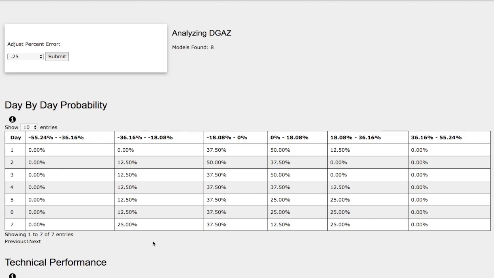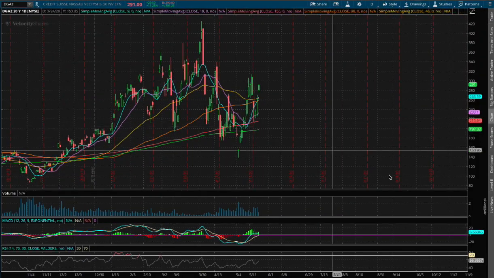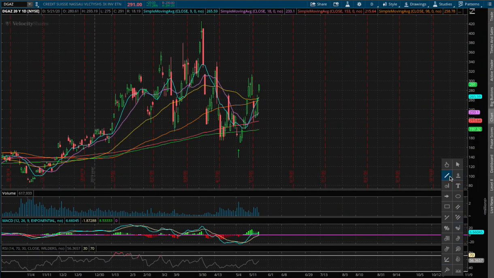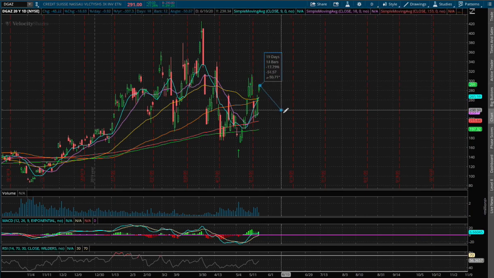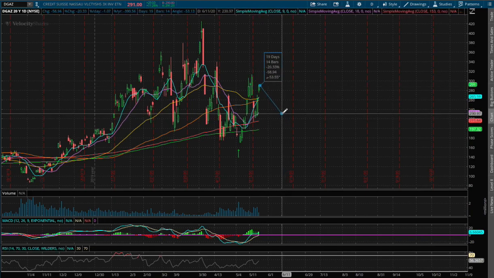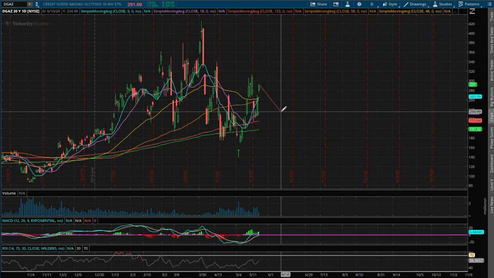So if we were to fall lower for DGAZ, we have a 25% chance to fall between negative 18% to negative 36%. We'll use negative 18% as our support. So negative 18% is roughly around, if we start from where we're currently at, negative 18% drop is roughly around $235.